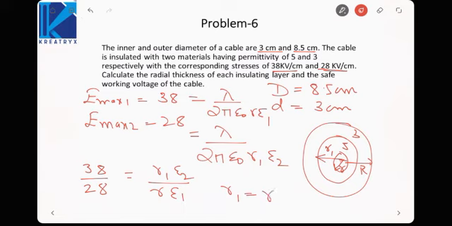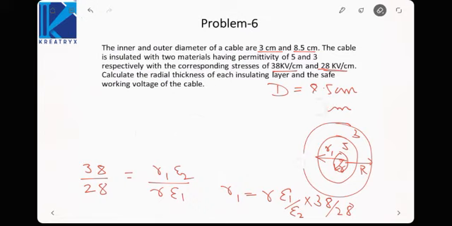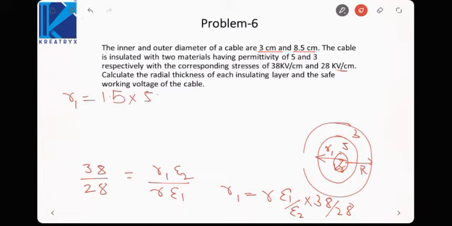So r1 will be r epsilon 1 by epsilon 2 into 38 by 28. The inner radius r will be 1.5 centimeter into 5 by 3 into 38 by 28. So this will come out to be 38 by 28 into 5 by 3 into 1.5. So that will be 3.392 centimeter.